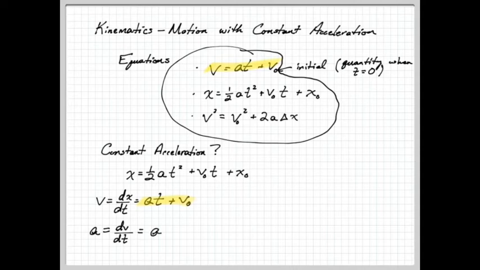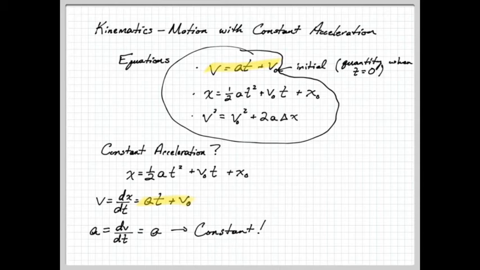And the derivative of the initial velocity, a constant, is 0, which means acceleration equals a, which is in fact constant. So that's what we mean by motion with constant acceleration. If we take the derivatives down to get to the acceleration, it's not a function, it's a constant value.